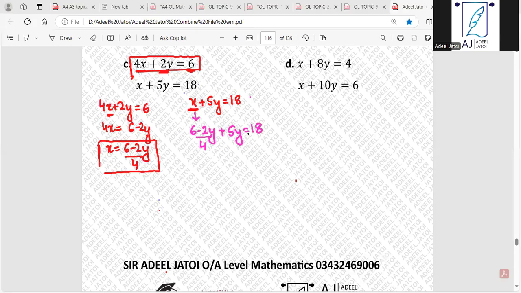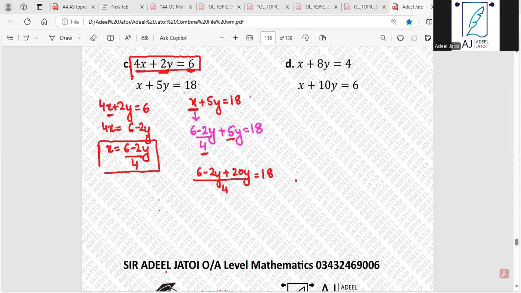Now, what we know is that this 4 we can take down as the LCM. 4 5s are 20. So 6 minus 2y plus 20y upon 4 should be 18. Right?